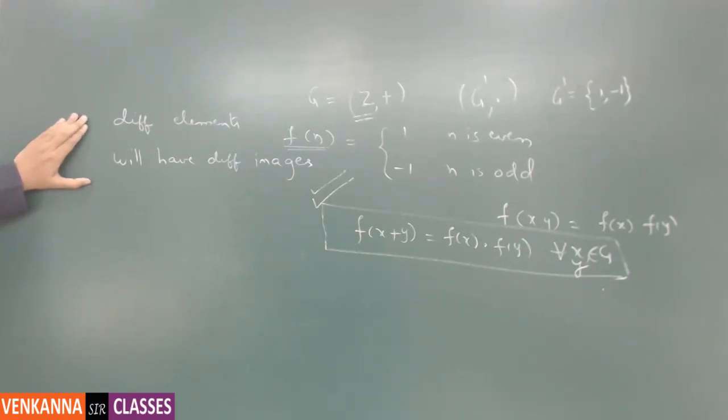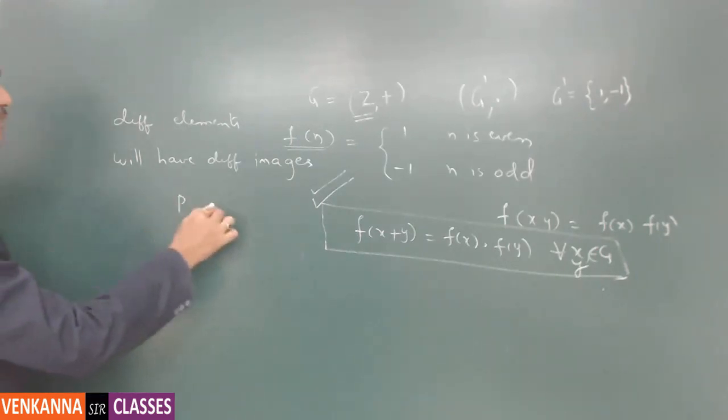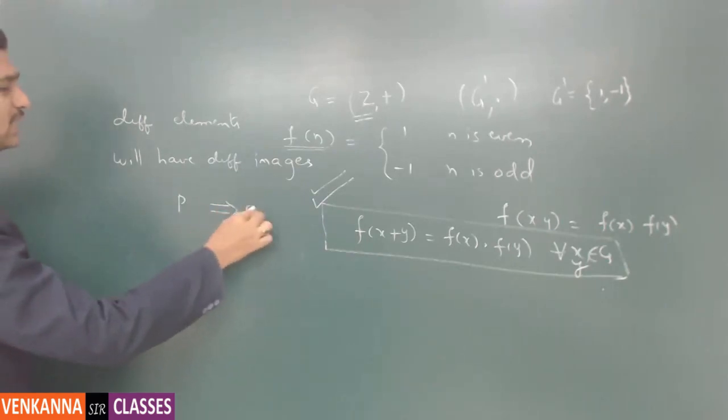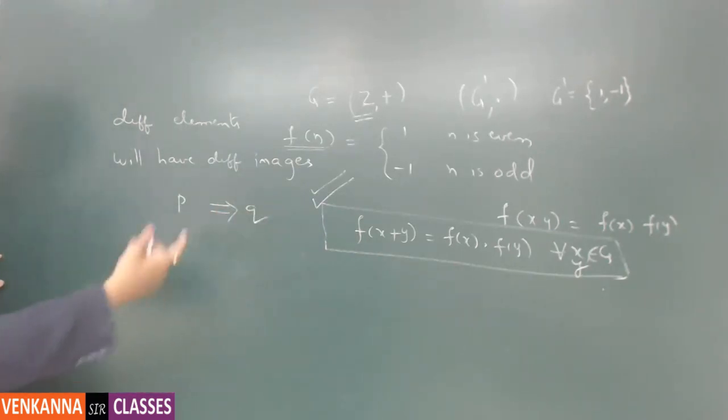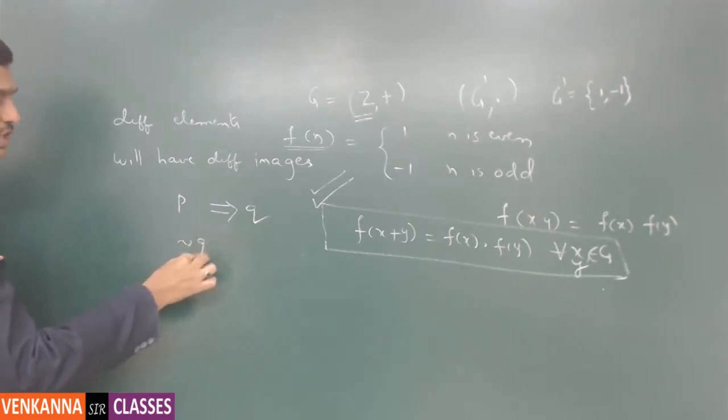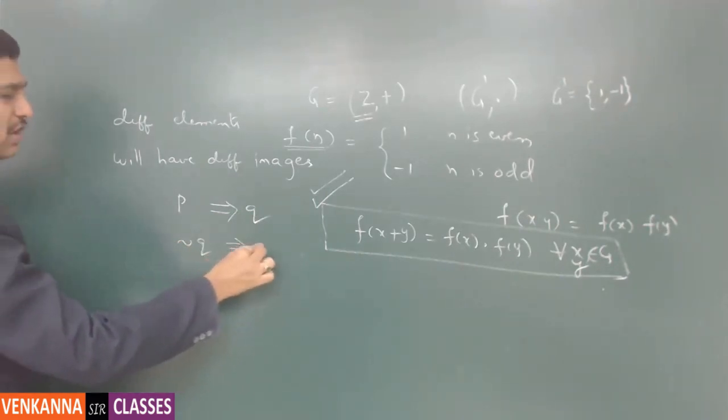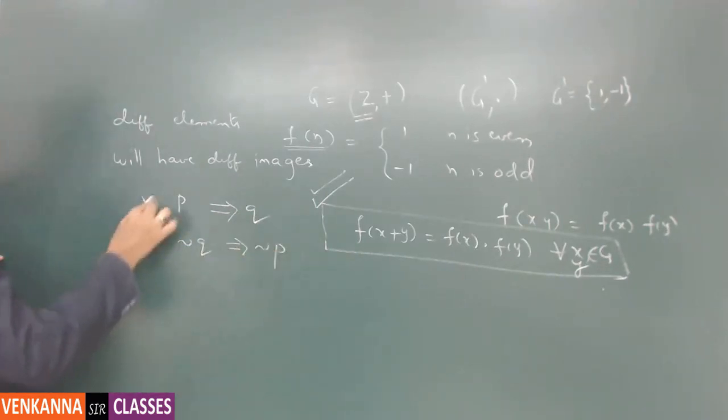Have you known this or not? Now, while proving this technically, how do we do it? Actually, if you want to say that a statement P implies Q, technically we prove that negation of Q implies negation of P, because these two are equivalent.